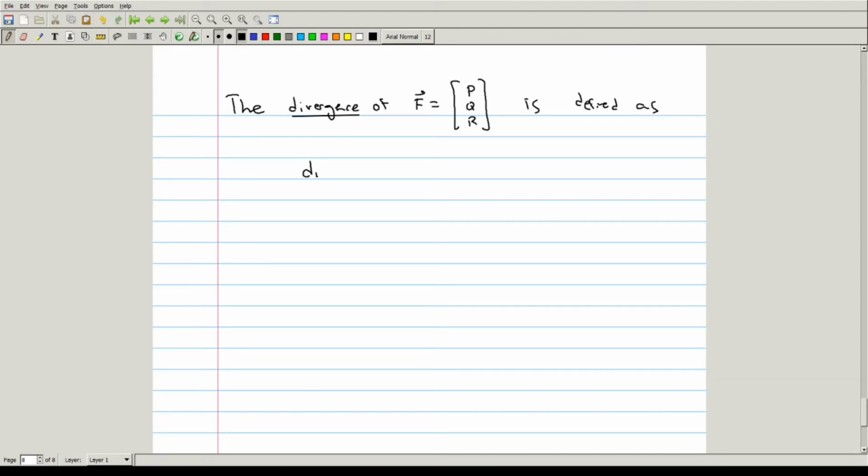We say that it's div of F. We'll use our underline notation. In Cartesian coordinates, the partial derivative of P with respect to x plus the partial derivative of Q with respect to y plus the partial derivative of R with respect to z.